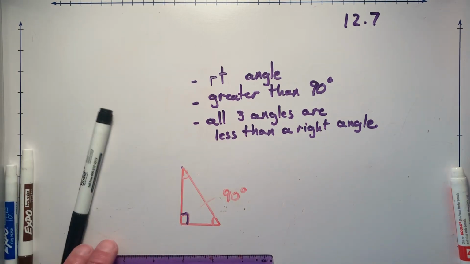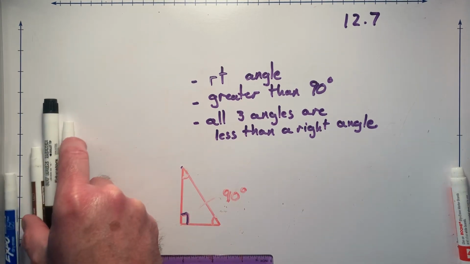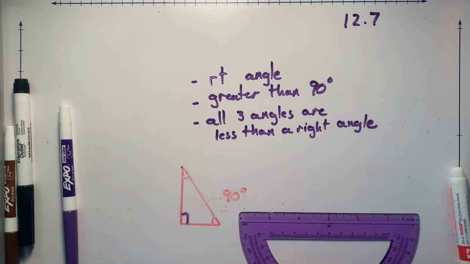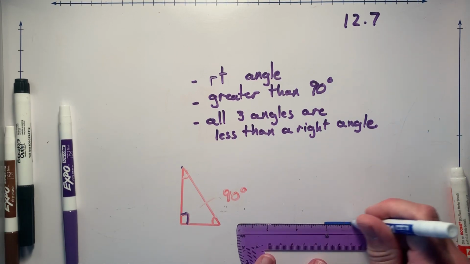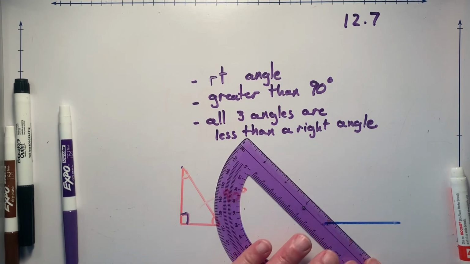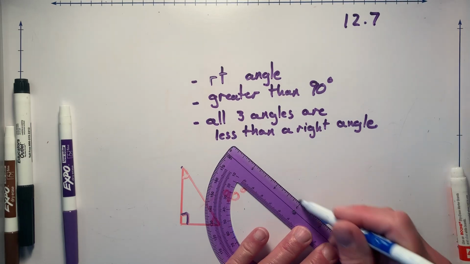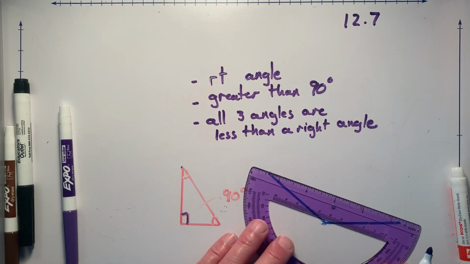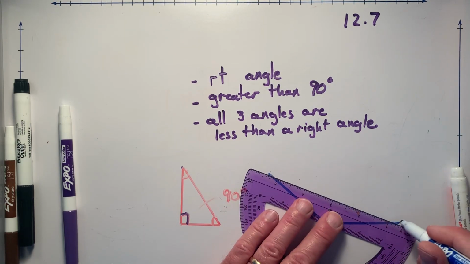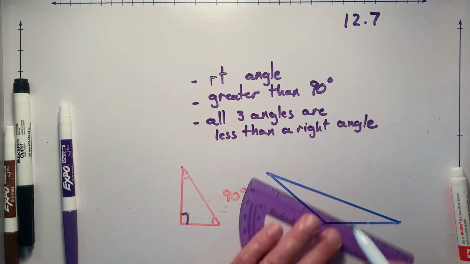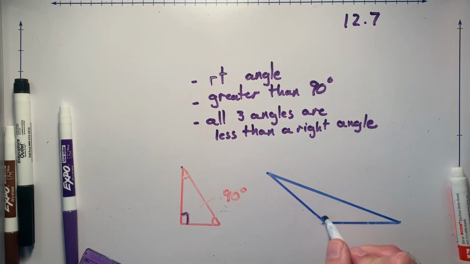Then we have a triangle that has an angle greater than 90 degrees. So let's take a look at our greater than 90 degrees. This angle in here is bigger than 90.